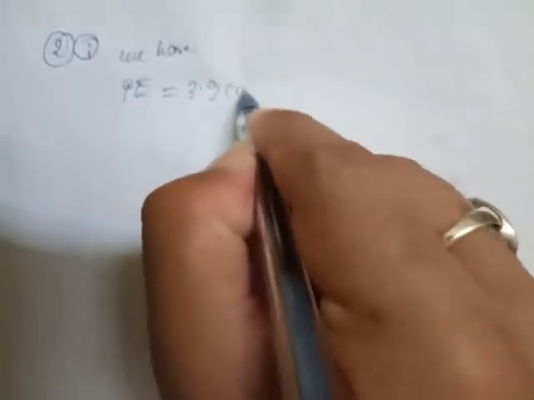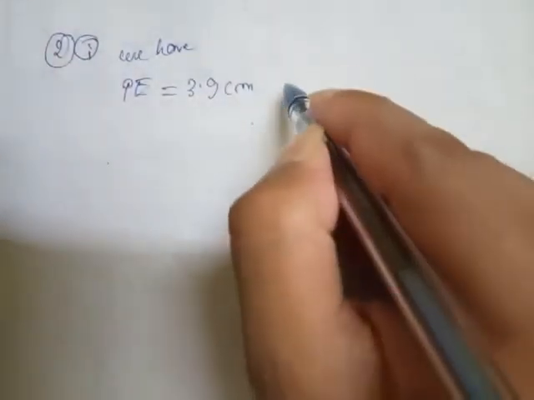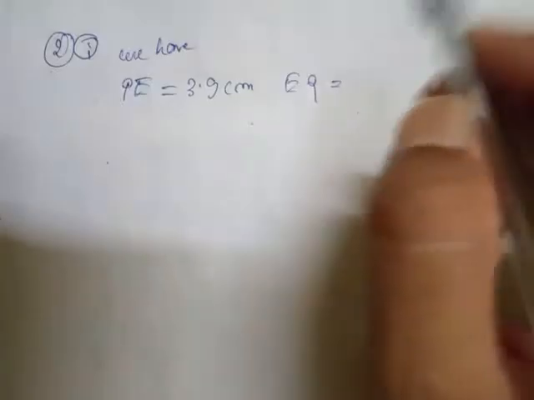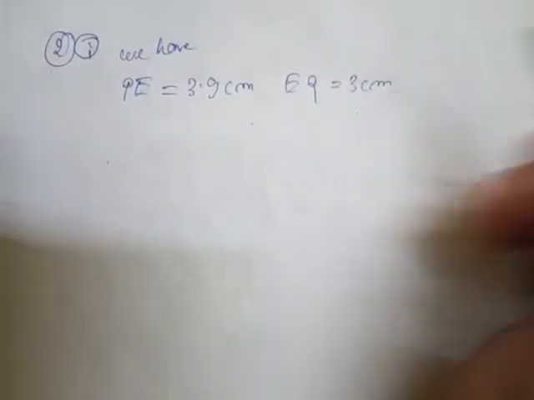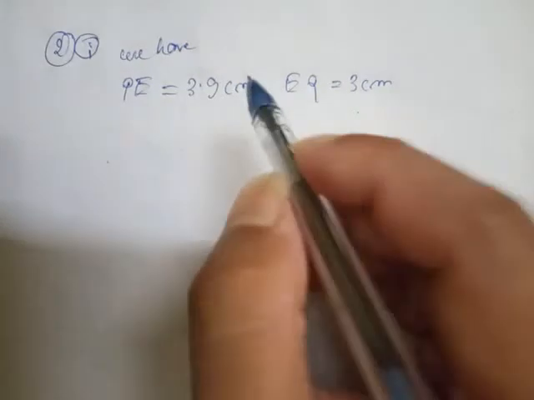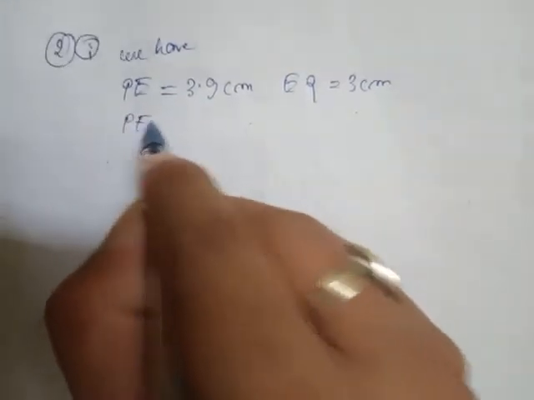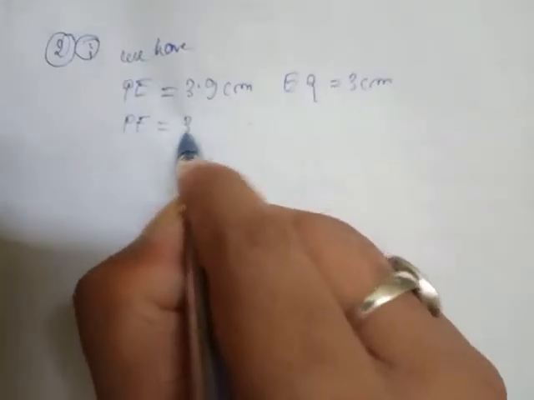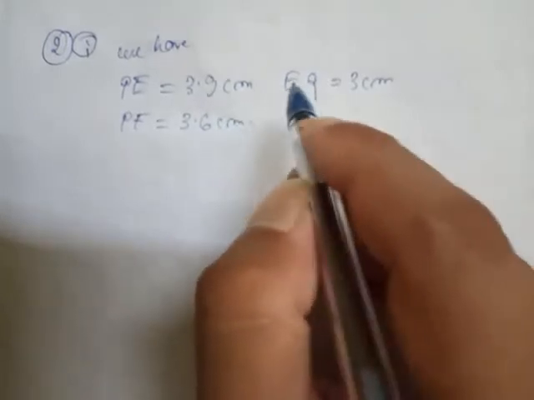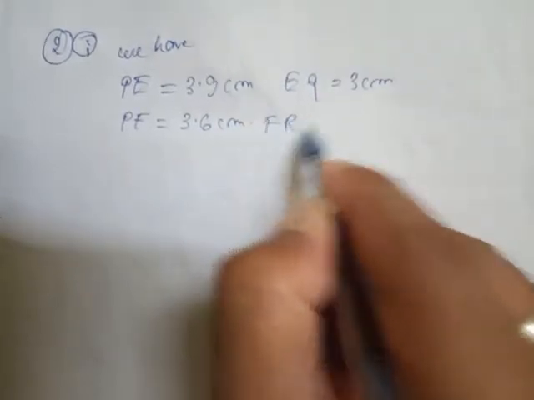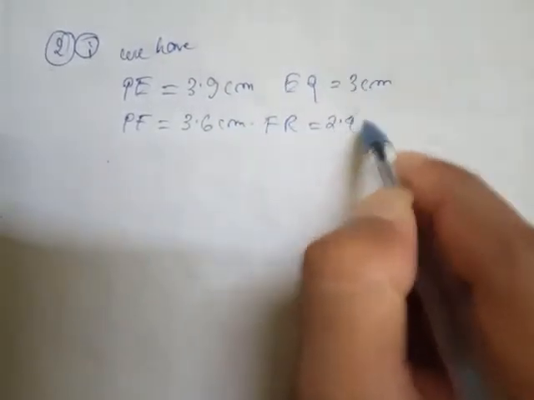We have PE equal to 3.9 centimeter, then EQ equal to 3 centimeter, then PF equal to 3.6 centimeter, then FR equal to 2.4 centimeter.